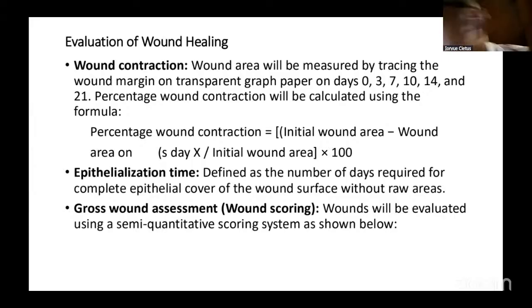Then at day 0, then days 3, 7, 10, 14, and 21, the measurement will be compared to the initial wound area, and this will be expressed in percentages. Then that will tell us in each group which group has a very good wound contraction over time.